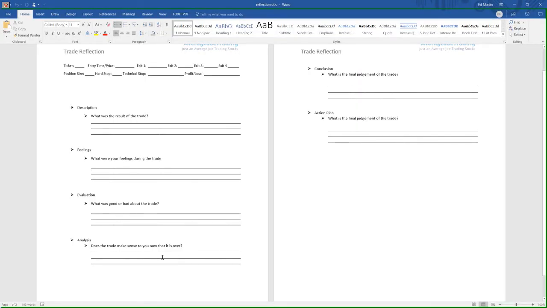Okay, so I said, no, the trade doesn't make sense to me now that it's over because I did not trade a viable setup. The bottom line, that's what it was. So the final judgment of the trade: I didn't follow my trade plan that I had written and put together before the open.